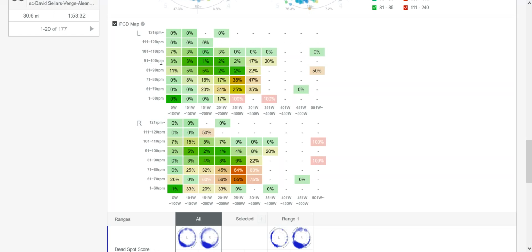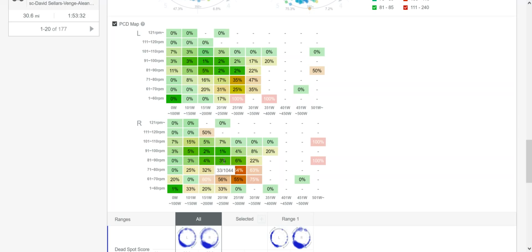So this is your combination of gearing, and so cadence and wattage combination shows us a little bit about how much time you've spent in each of these different combinations. So in this case, 950 samples. And only 21 of them had a dead spot in there, so a very low amount of samples had a dead spot, so a good one to look at for certain.